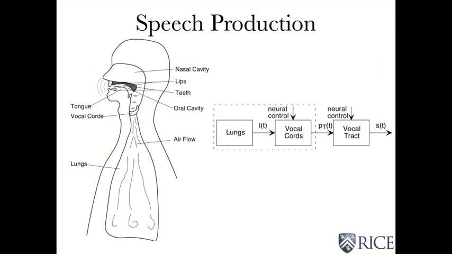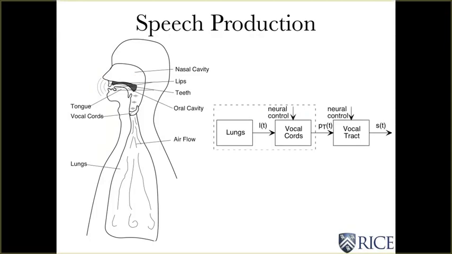So let's summarize what the speech model is, at least in terms of a system theoretic model. We have the lungs, and what they're producing is actually a pretty boring signal. It's basically a constant. The vocal cords will either be open while you're breathing, or they will be put under tension when you're trying to speak. That means there's some neural control coming from the brain that's controlling that.